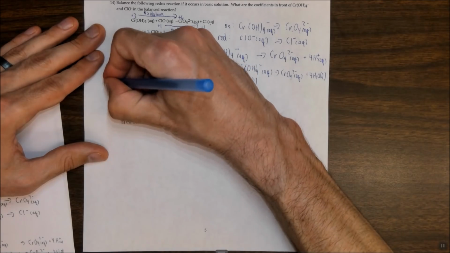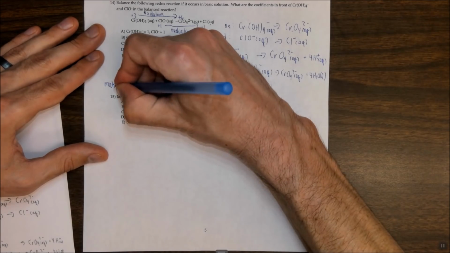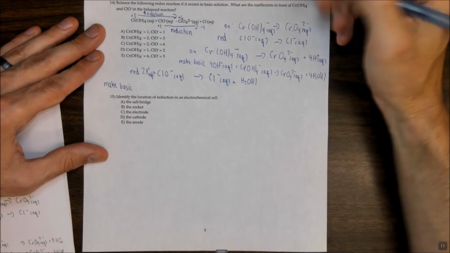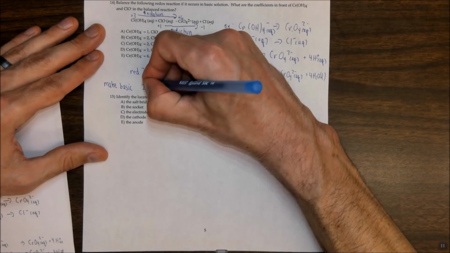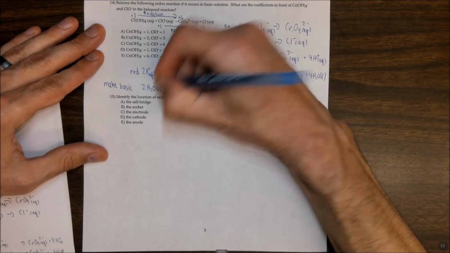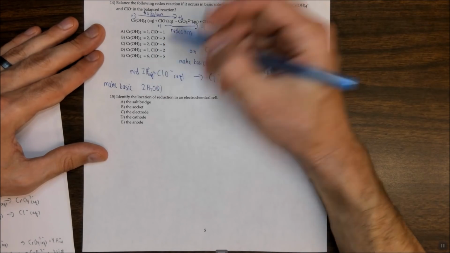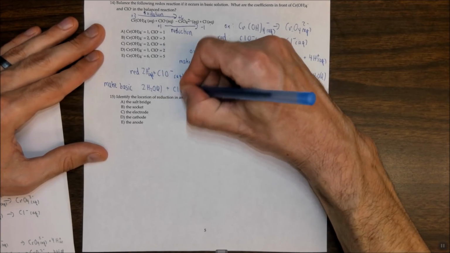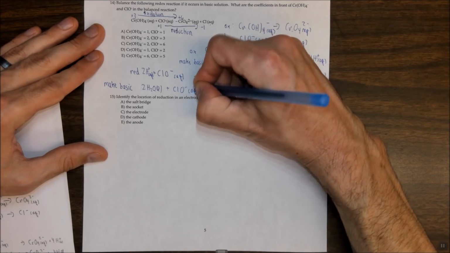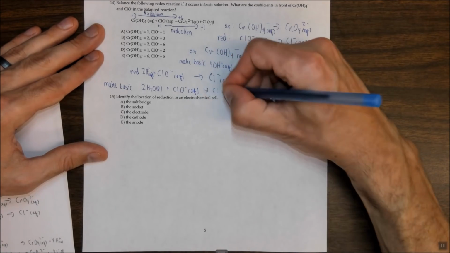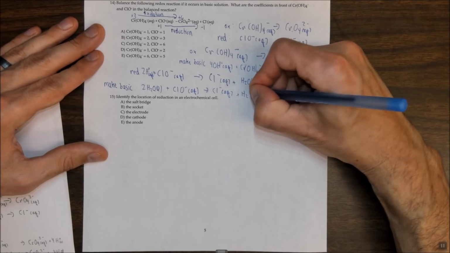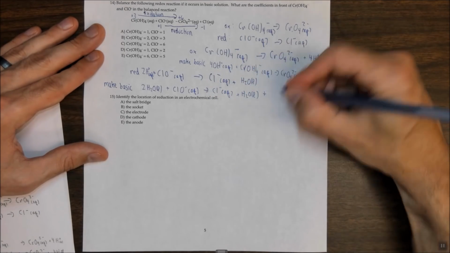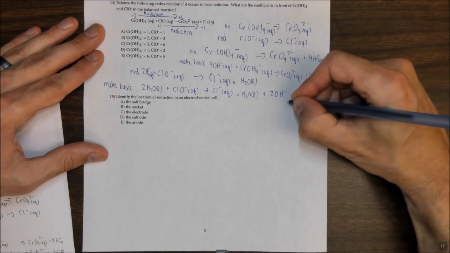Now we need to make it basic. So we add 2 OH⁻ to this side, and we get 2 H2O liquid, because the OH⁻ and the H⁺ give us water, plus ClO⁻ aqueous yields Cl⁻ aqueous plus H2O liquid plus 2 OH⁻ aqueous.